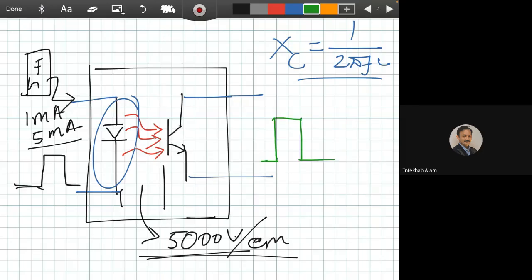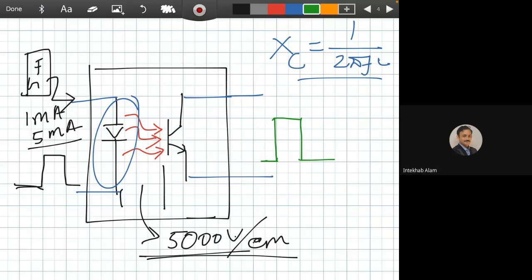Another interesting thing is that here we have used a transistor. If we use a transistor here, we can use it as an amplifier also. If this input voltage is 5 volt, we can amplify it to 12 volt.